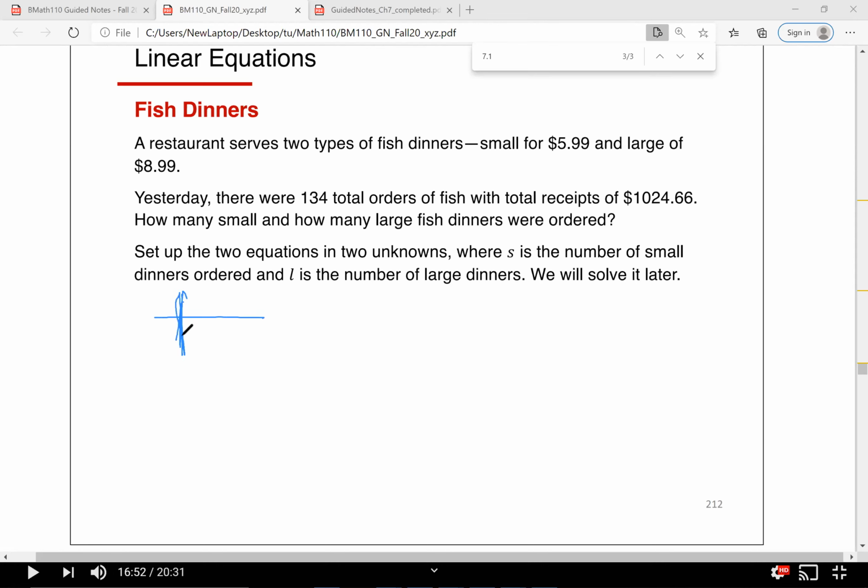Maybe you're going to have to split this. The column down here will have two sides. So one is small and one is large. And then the row here is going to talk about price.